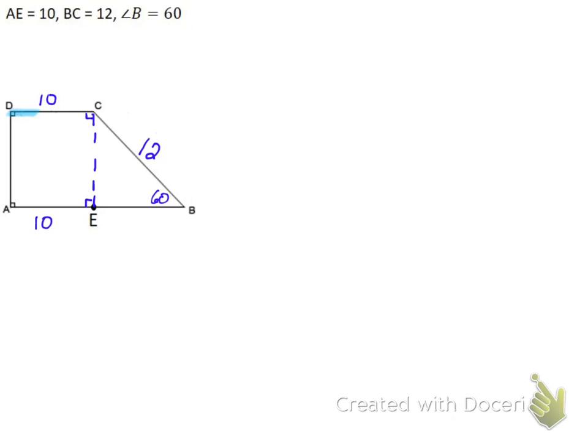So I know what my top base is. I know what this piece is, but I don't know what this last piece of my bottom base is. So I have to figure out what BE is, and I also need to figure out my height in this case. So here's my H, and let's call this one X, similarly to the one that we did 2 problems ago.